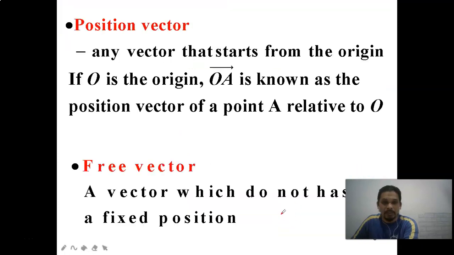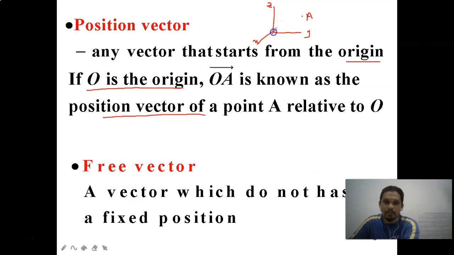And position vector, any vector that starts from the origin O. OA is known as the position vector of the point A relative to O. Means that if, for example, in 3 dimensions of vectors here, x, y, and z, this is the origin point 0, 0, 0 to any point A here.